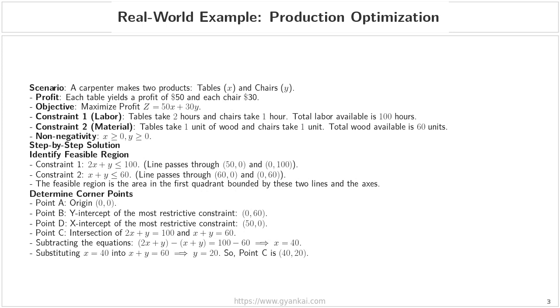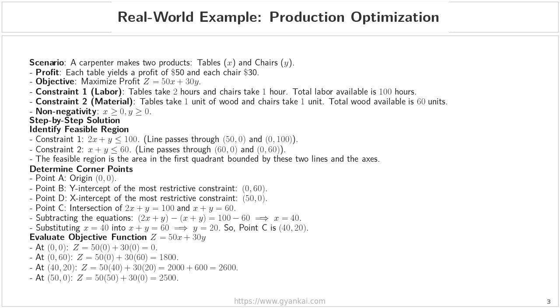That is our point C. To find its exact coordinates, we solve the system of equations by subtracting the second equation from the first. 2x plus y minus (x plus y) equals 100 minus 60, which simplifies to x equals 40. If we plug x equals 40 back into our second equation, x plus y equals 60, we find that y must be 20. So, point C is (40, 20).